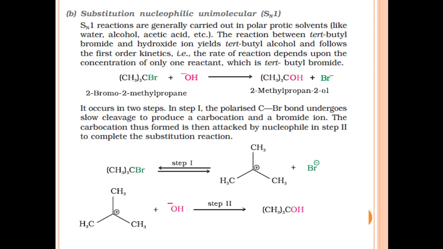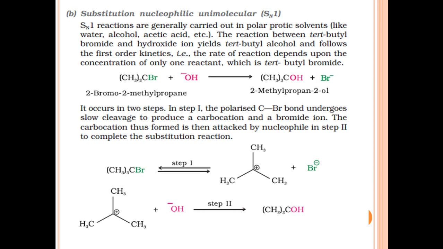It occurs in two steps. In step 1, the polarized C-Br bond undergoes slow cleavage to produce a carbocation, and this slow step is the rate determining step. The carbocation thus formed is then attacked by the nucleophile in step 2 to complete the substitution reaction.